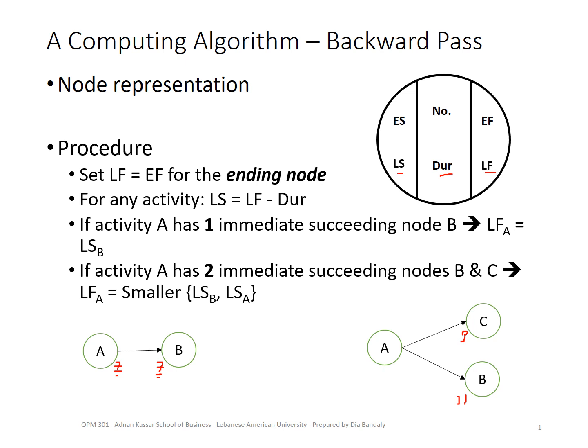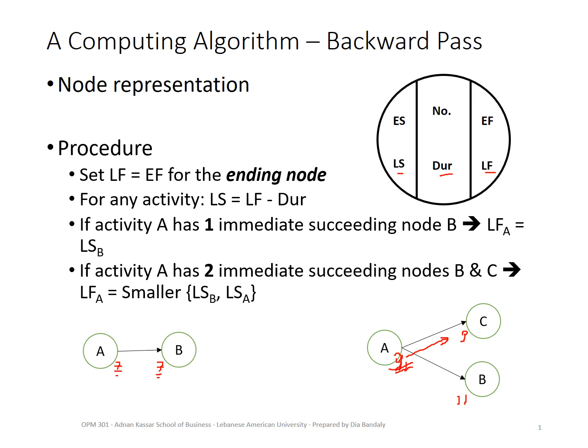What do you think? Can we do that at 11? If we do that at 11, that means C cannot start. So I cannot do this. This is wrong. That means the latest finish of A has to be 9 so that it allows C to start.